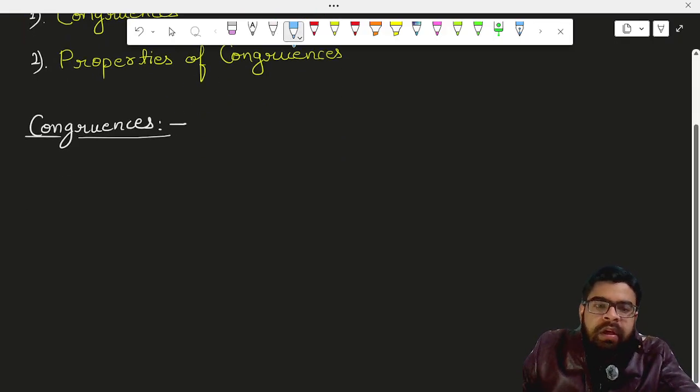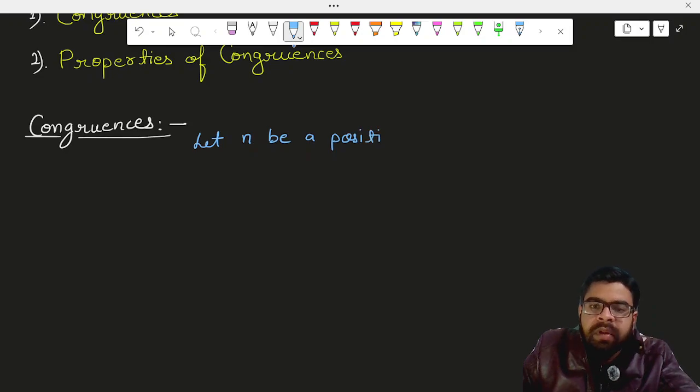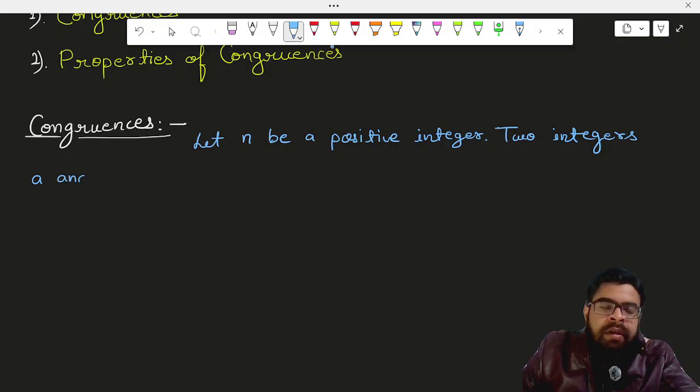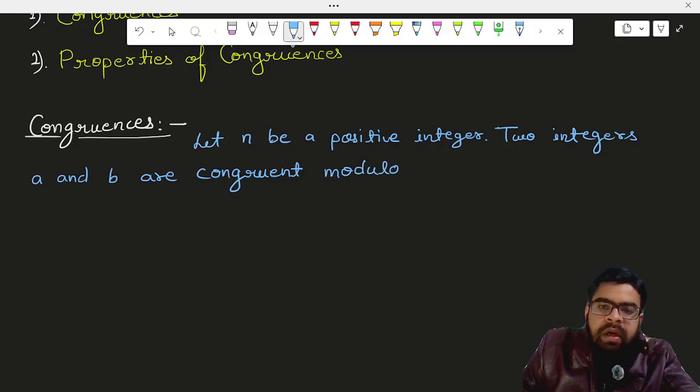Write here: let n be a positive integer and two integers a and b are congruent modulo n if n divides a minus b.